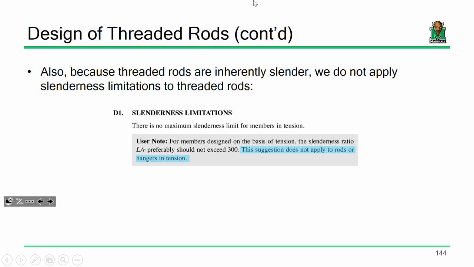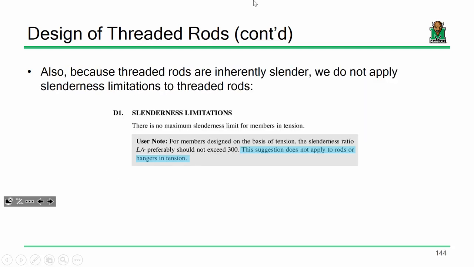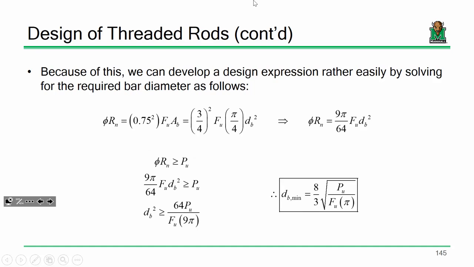Because we don't have slenderness limits associated with threaded rods, and because we have a nice, simple expression for capacity, it's pretty simple. We just have to solve. So here's how this works. I know there's a lot of algebra here, but this really isn't that bad. Let me walk you through this. Let's take our time.